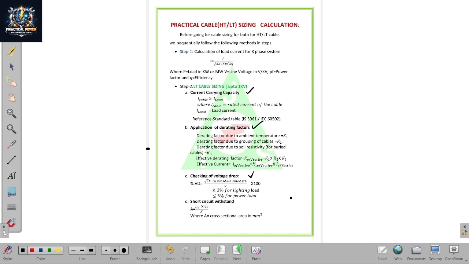This is the percentage voltage drop, and it should be checked that if our load is a light load, then it must be less than or equal to 3%, and if it is a power load, it is less than 5%.